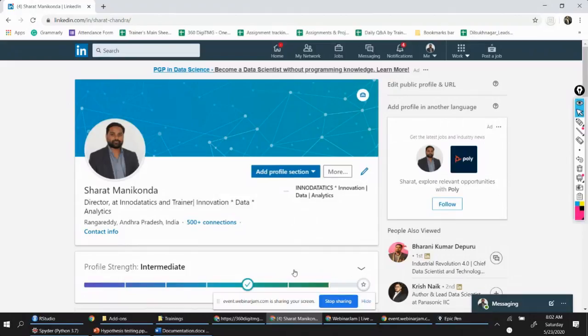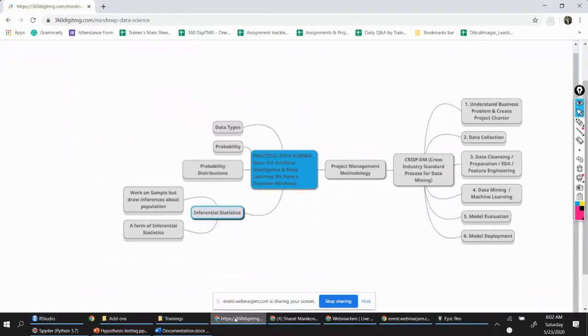Just to cut it short, let me directly jump to the subject. We are going to talk about this particular topic today, hypothesis testing. How many of you are familiar with hypothesis testing? We basically call it confirmatory data analysis.